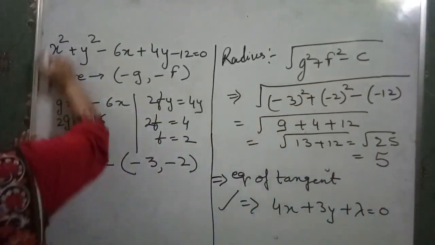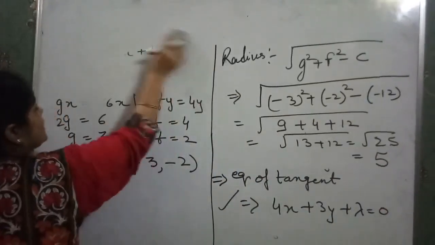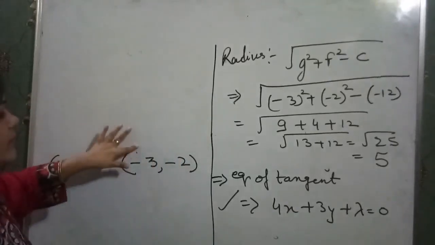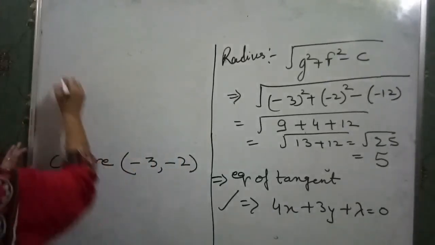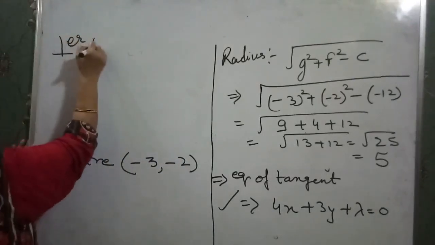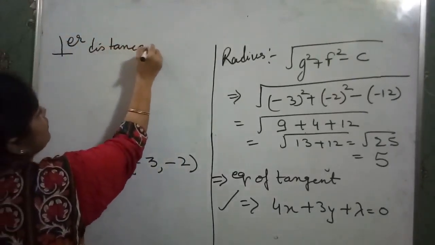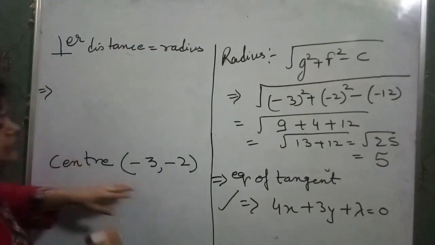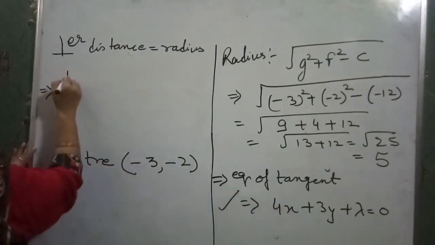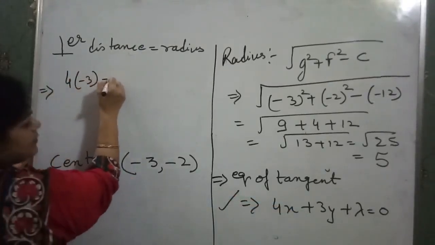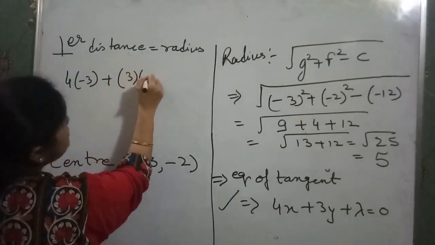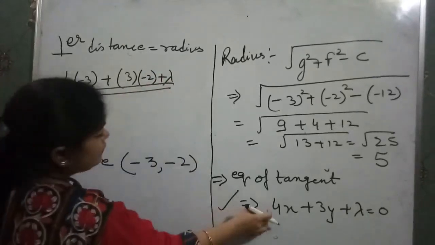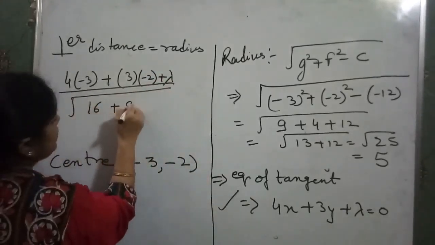Now we put the coordinates of the center into the equation of the line and make it equal to the radius, that is, the perpendicular distance equals the radius of the circle. So we put 4x + 3y, that means 4 × (-3) + 3 × (-2) + λ over √(16 + 9) equals the radius, that is 5.